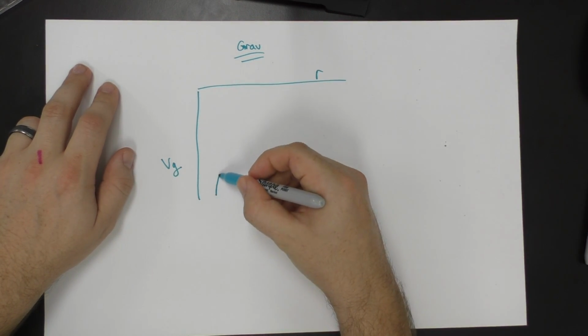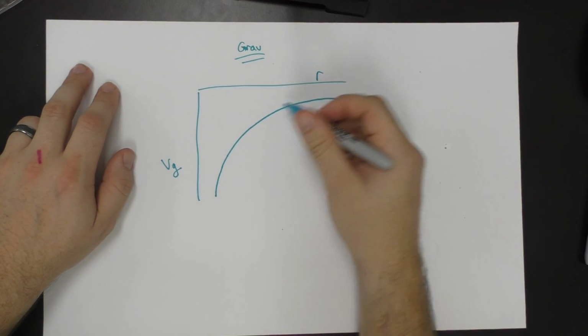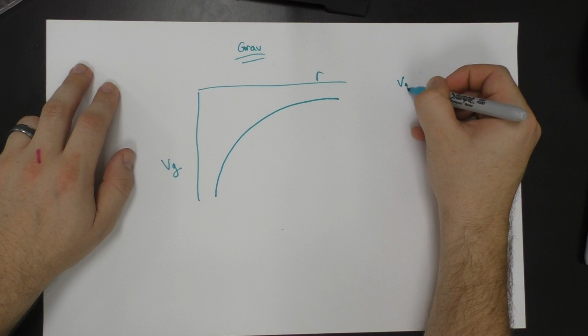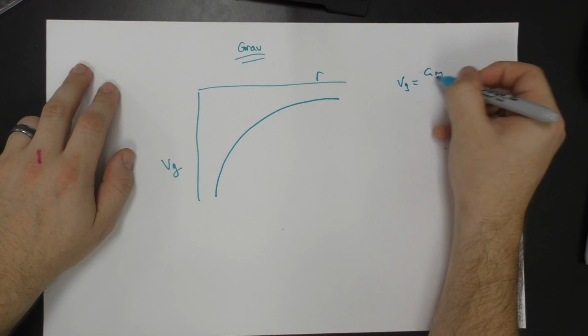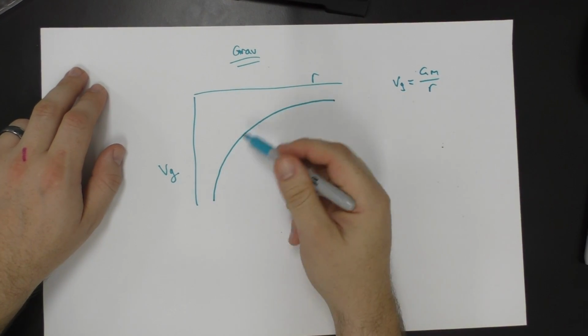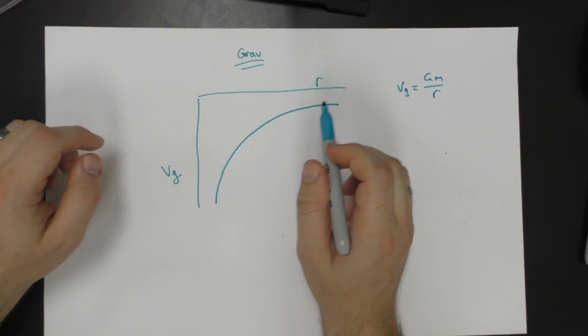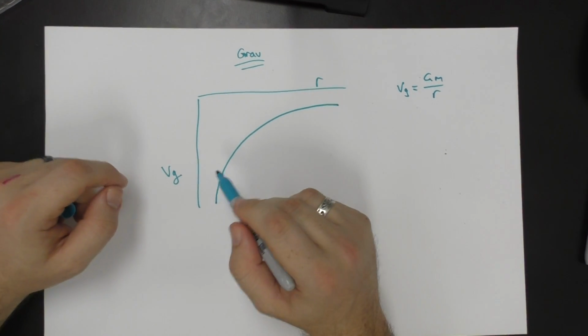The graph looks something like this. Okay? Because it's inversely related, because Vg is equal to GM over r. So we would expect to see this nice inverse relationship curve. It would be a straight line if I did 1 over r or something like that.